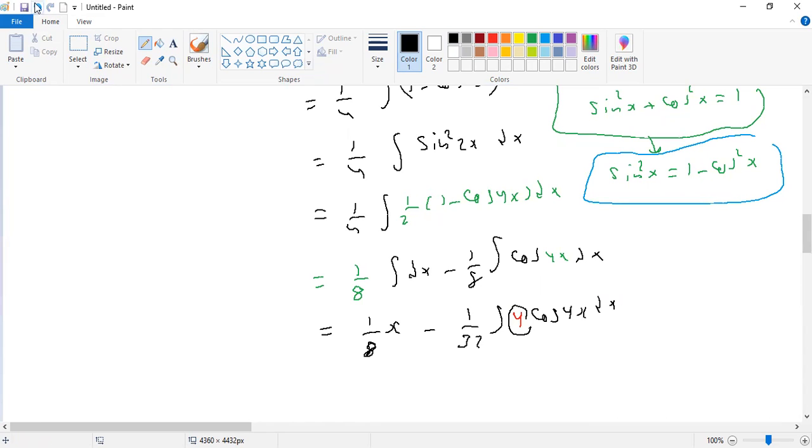Then, students, what is the integral of cosine? Sine. So 1 over 8 x minus 1 over 32 sine 4x plus c. So this is part 1. Then we have more in part 2.